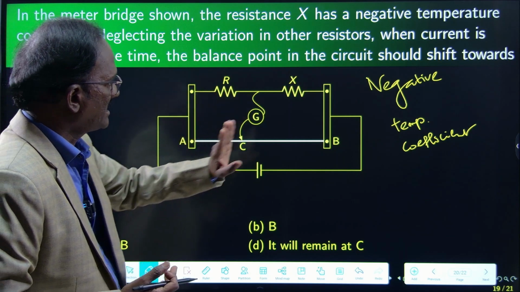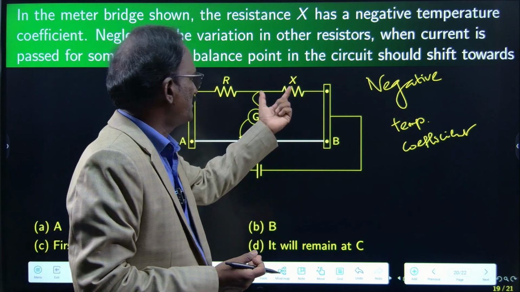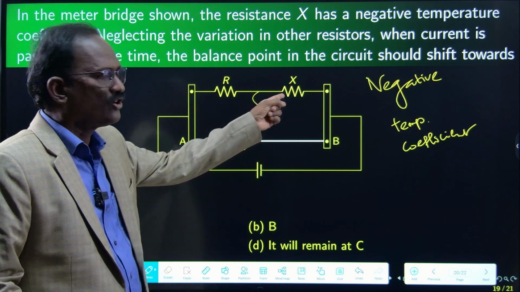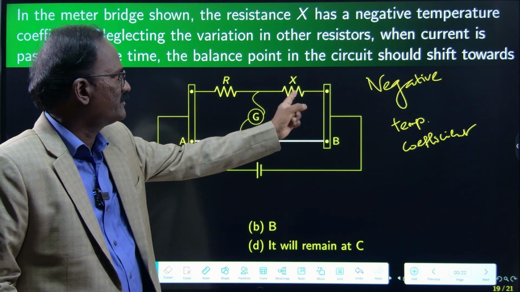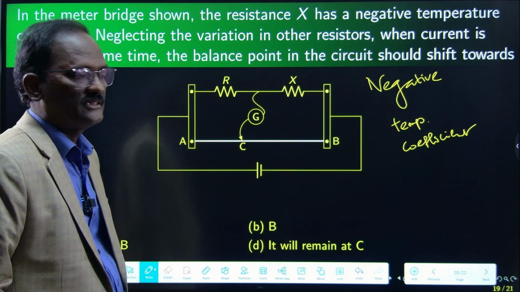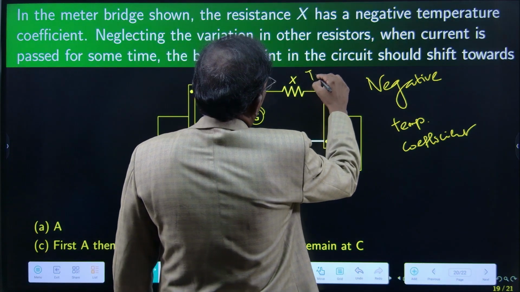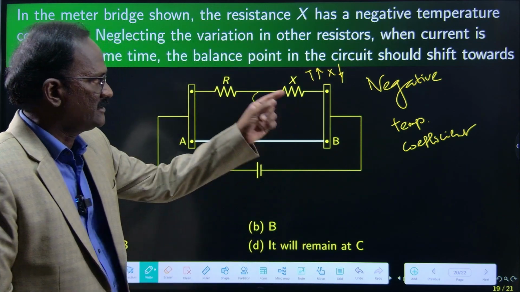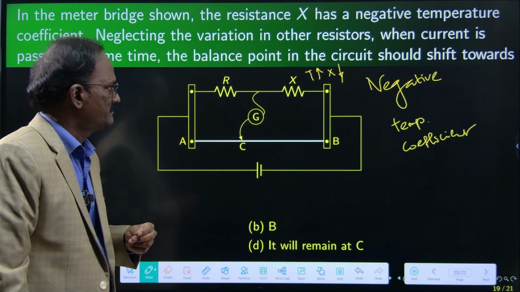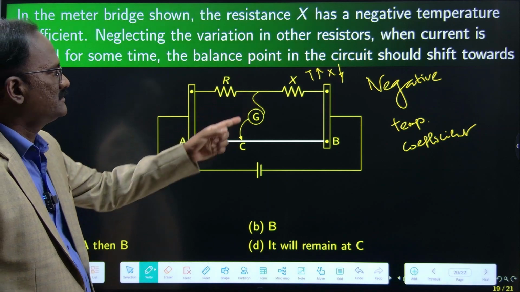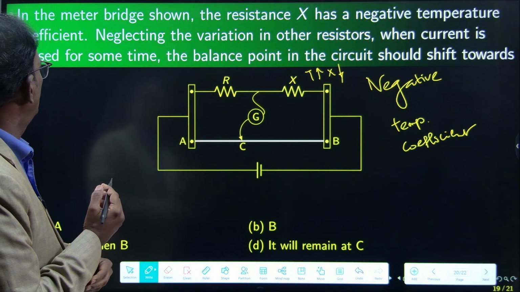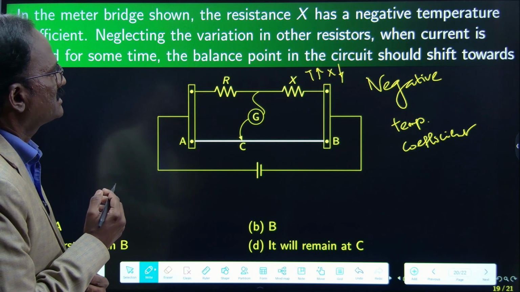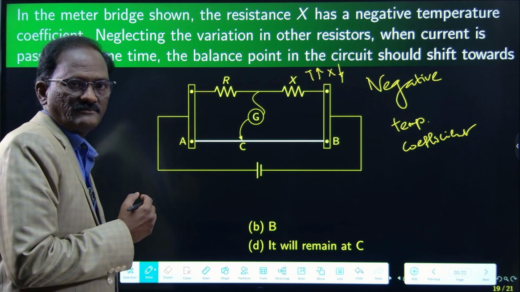The resistance X has negative temperature coefficient, which means it may be a thermistor or a semiconductor. So when temperature is increased, the resistance value is decreased. X is not a metal. After some time, the balance point should shift towards which side?